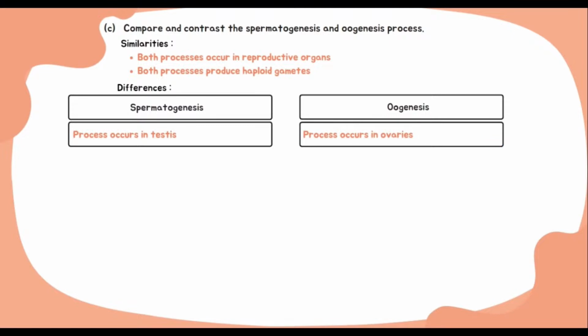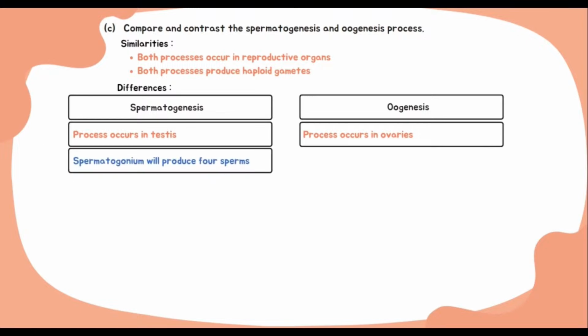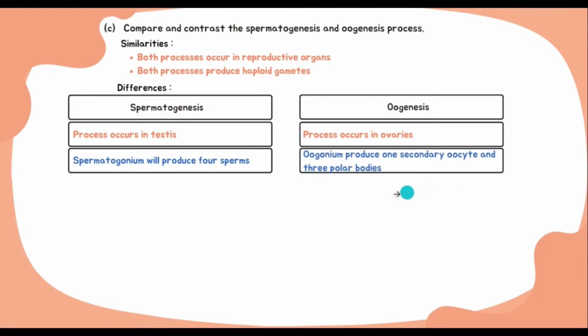Category by category. Now, the second category must be in the same category. In spermatogenesis process, spermatogonium will produce 4 sperms, and in oogenesis process, oogonium produces 1 secondary oocyte and 3 polar bodies. Spermatogonium, oogonium, same category.